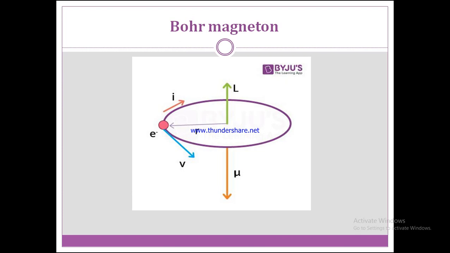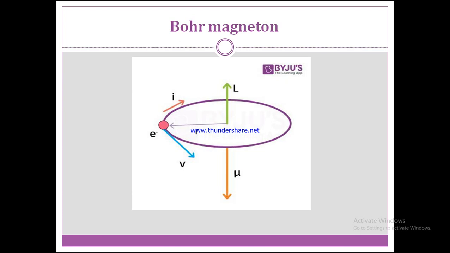Okay, now the Bohr magneton is introduced like this: when an electron is moving around the nucleus in an orbital motion, the electron also spins around itself with some velocity in a particular direction.